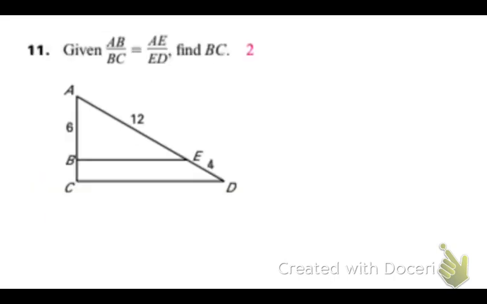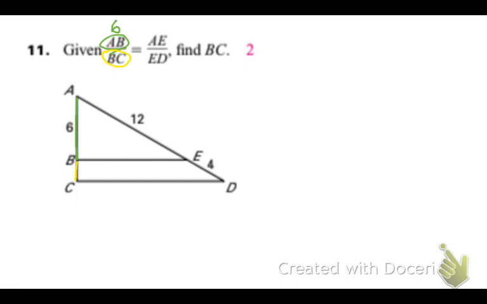Okay, so here you've got to be really careful to look at what it is that they're asking for. I'll color code it. So we have AB. AB is right here. AB is 6, over BC.